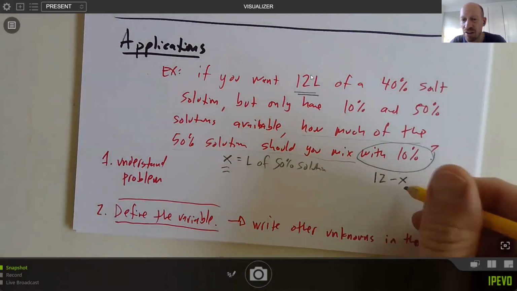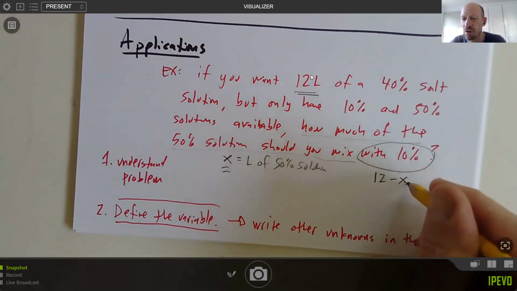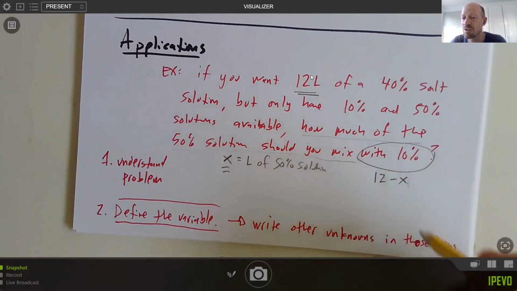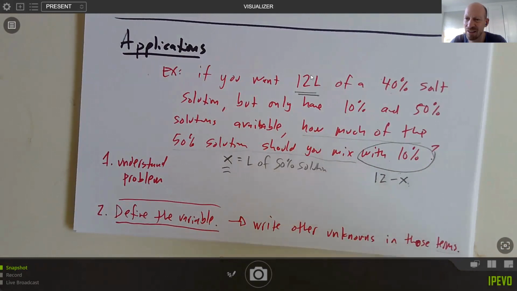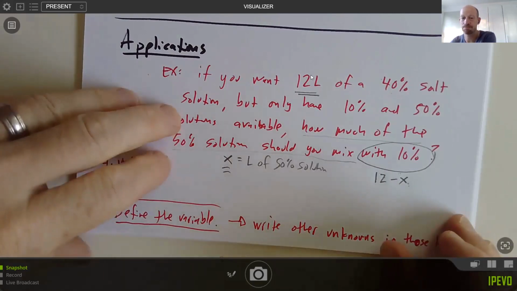So this is an example of another unknown that I'm writing using X. Those terms means in terms of X. Okay, so I don't know it, but I now have an expression for it. Right? I have a way of writing it down.